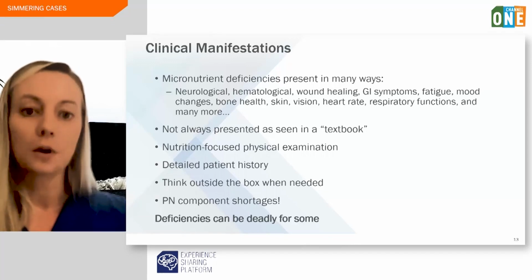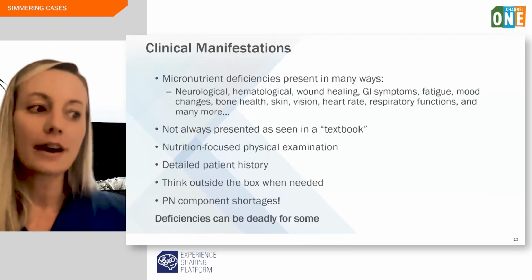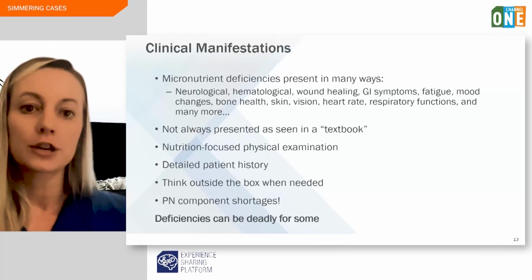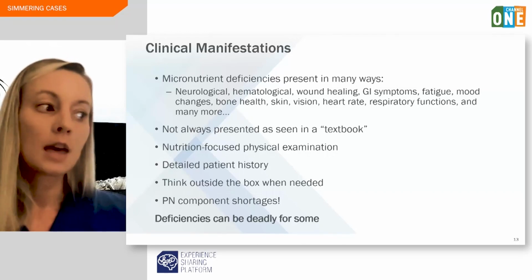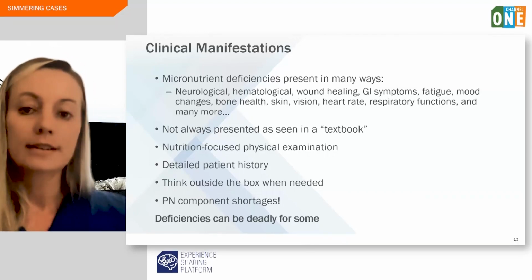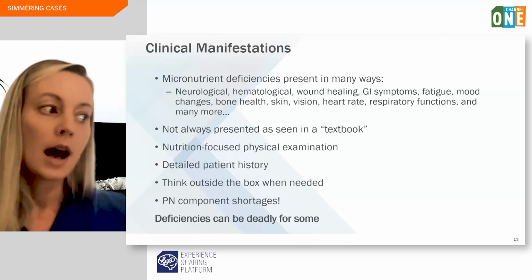The list really does go on and on. So you can probably see now why it's not that simple to recognize micronutrient deficiencies or pick up on these in our clinical assessments. The reality is that what we see in practice is not always seen in that classic textbook case.